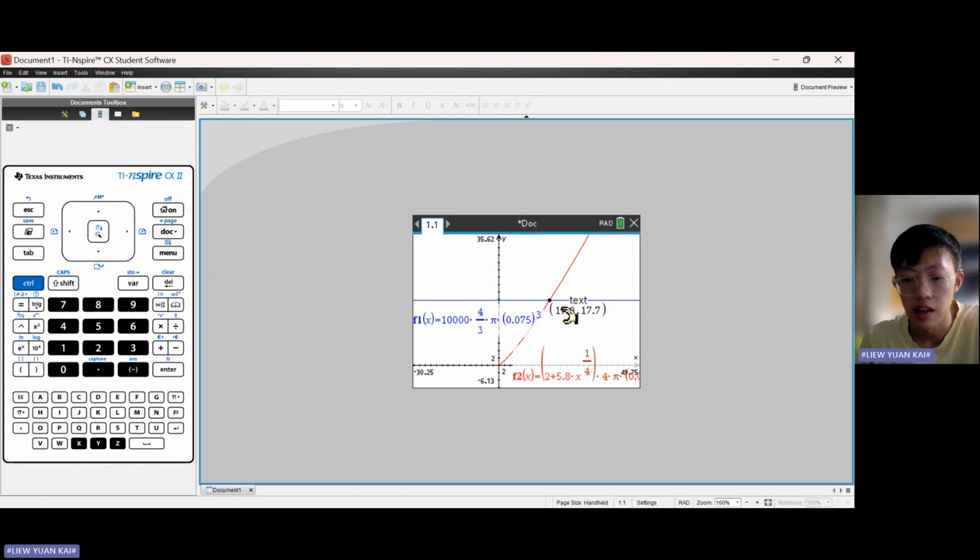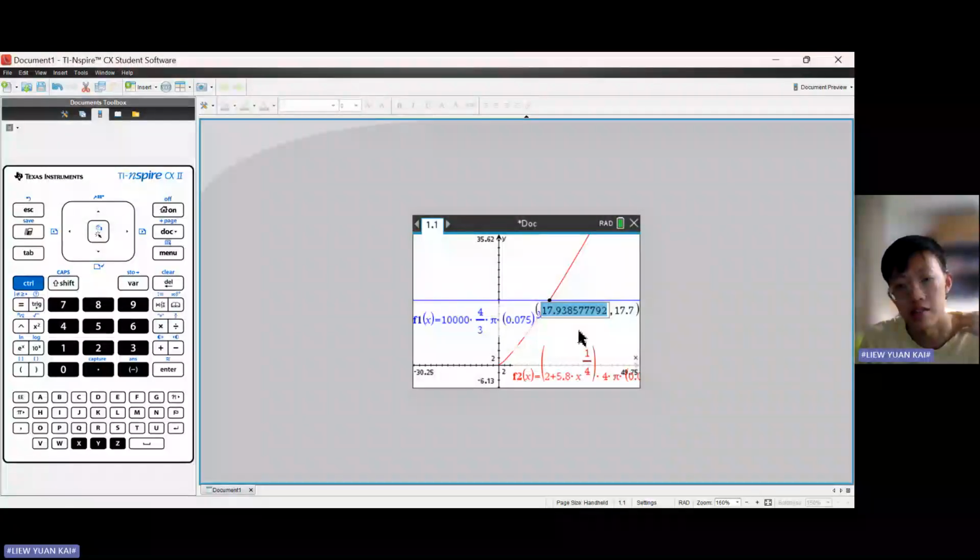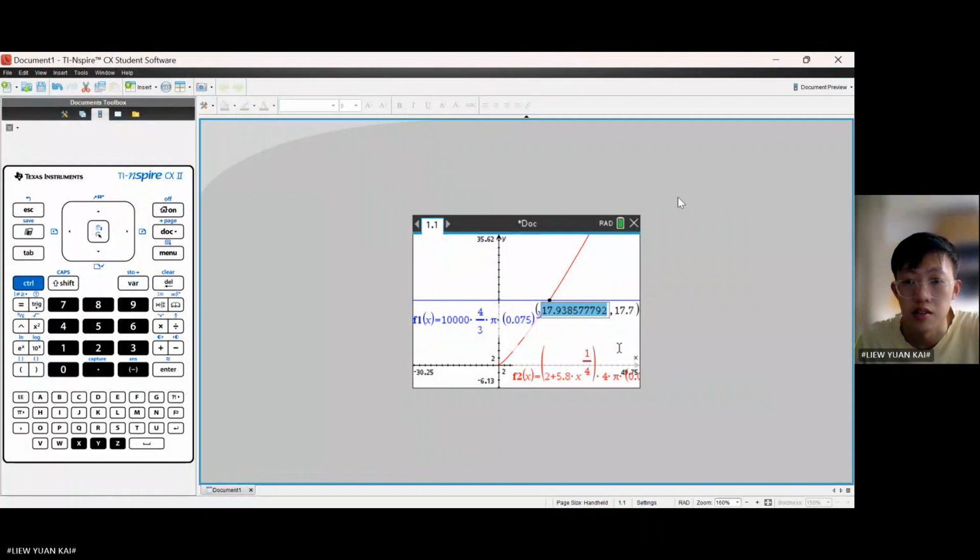Okay, so they intersect at, hold on, here. Okay, so they intersect at this value where TS is equal to 17.93.